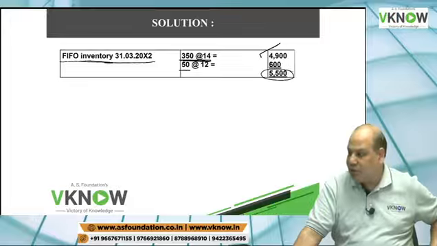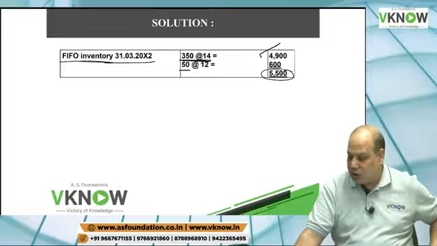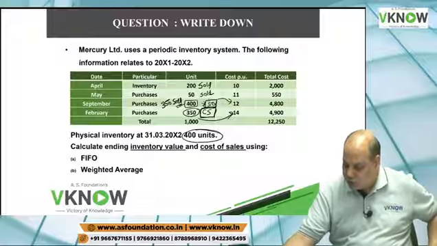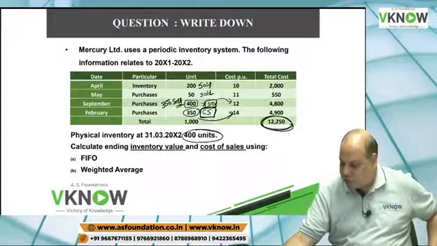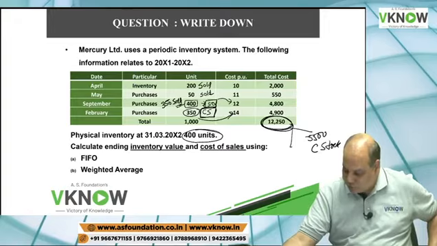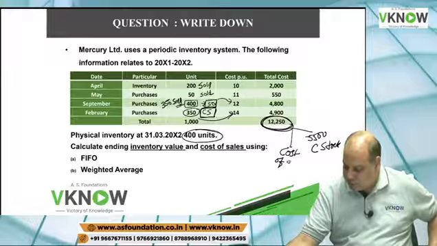Total is 12,250. Shortcut now: if the total is 12,250 and 5500 is closing stock, the remaining will be cost of goods sold.